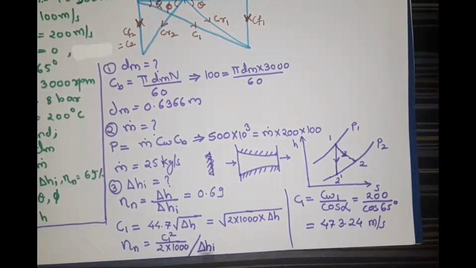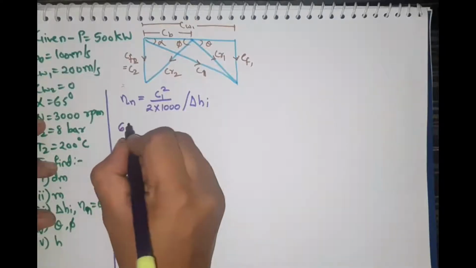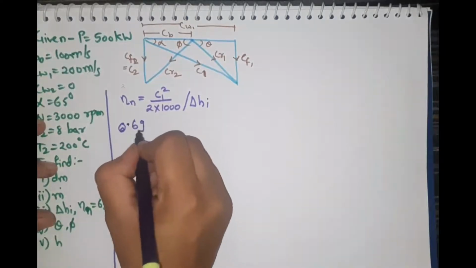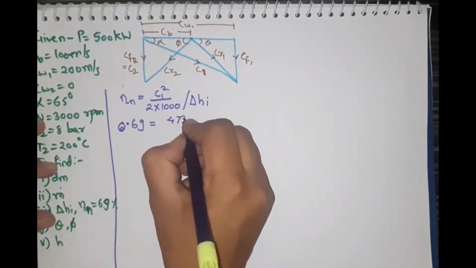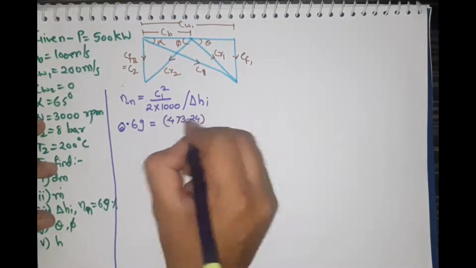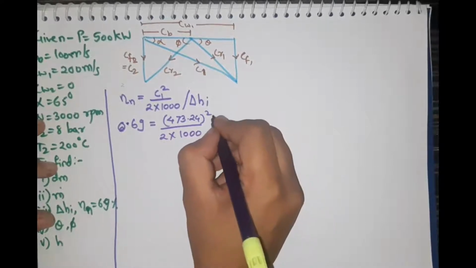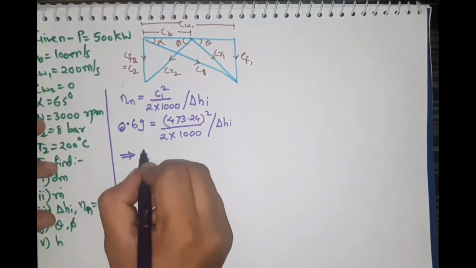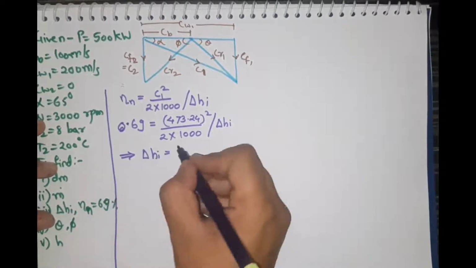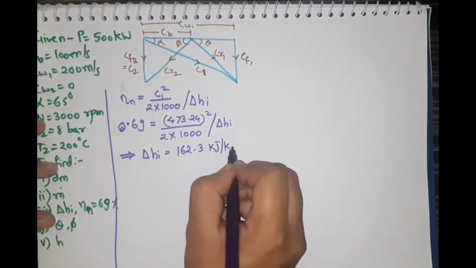Now let's put all these values in this one and find the isentropic enthalpy drop. We will get isentropic enthalpy drop as 162.3 kilojoule per kg.